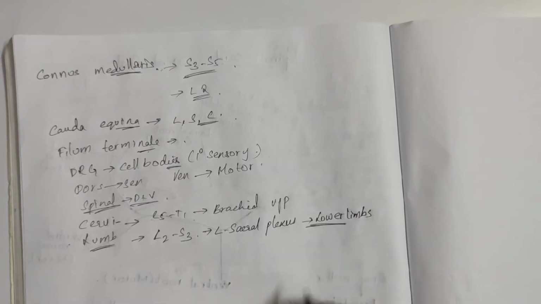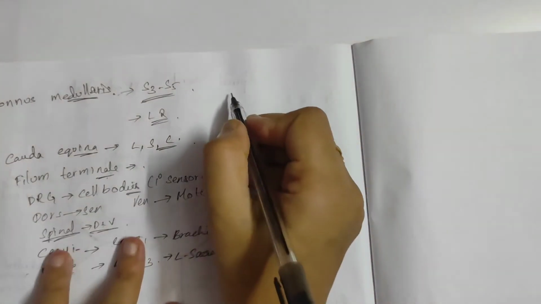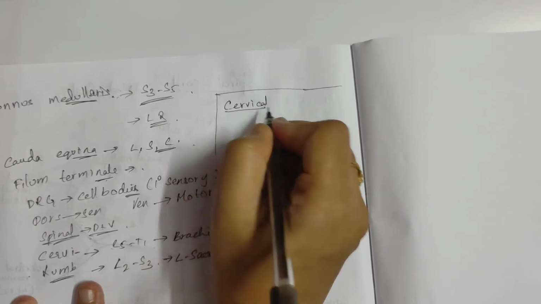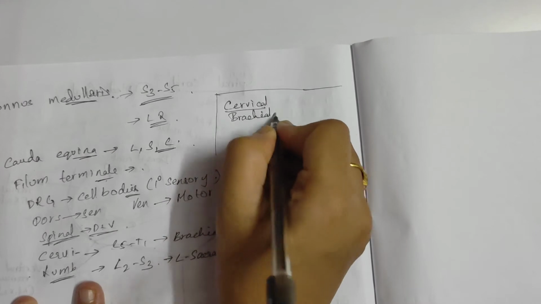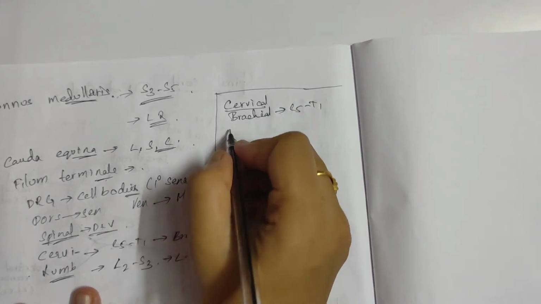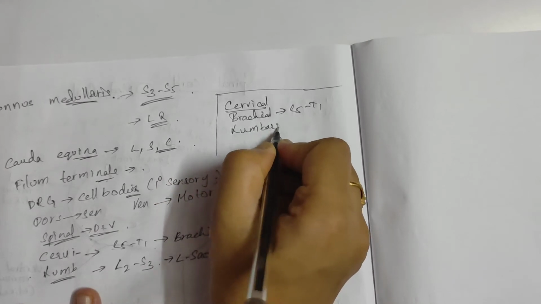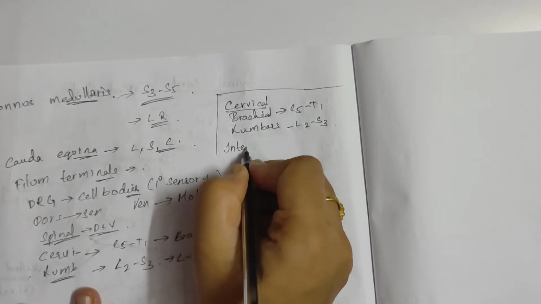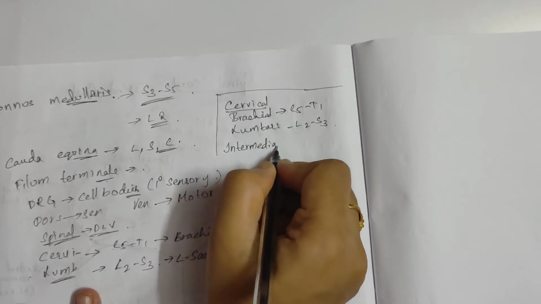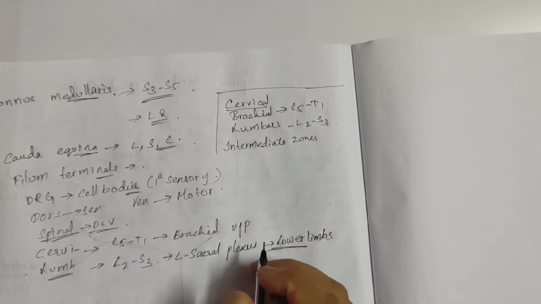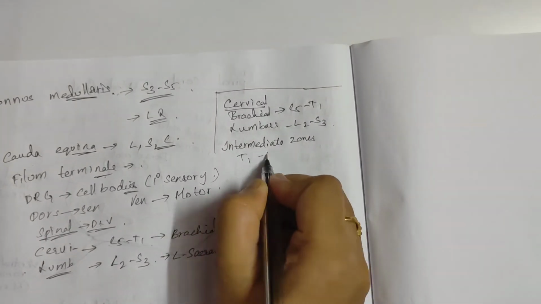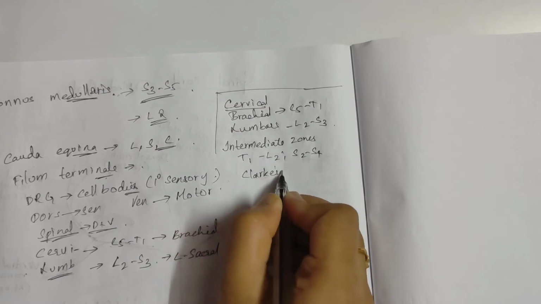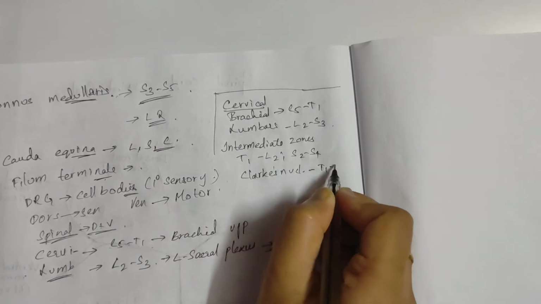So I'll write these all together here. Cervical, brachial plexus, from C5 to T1, and lumbar plexus, L2 to S3, and intermediate zones, from T1 to L2 and also S2 to S4, and Clark's nucleus, T1 to L2.